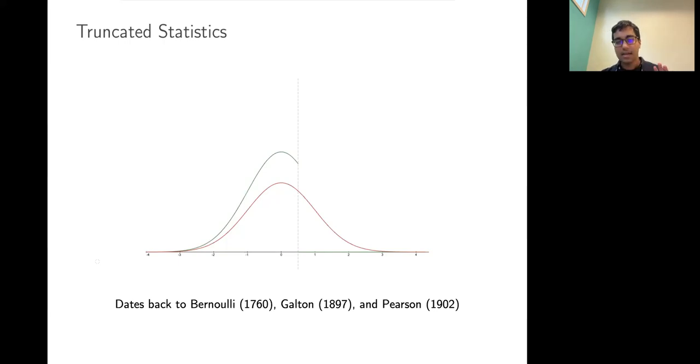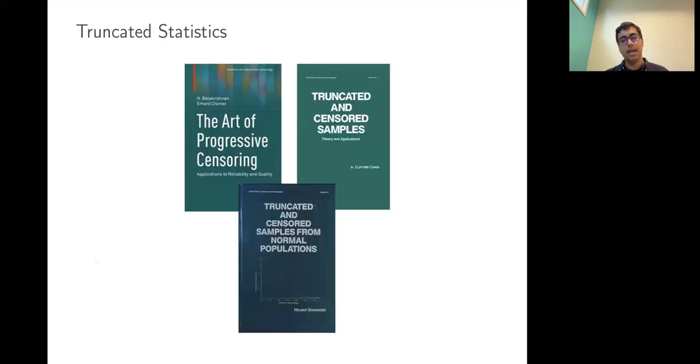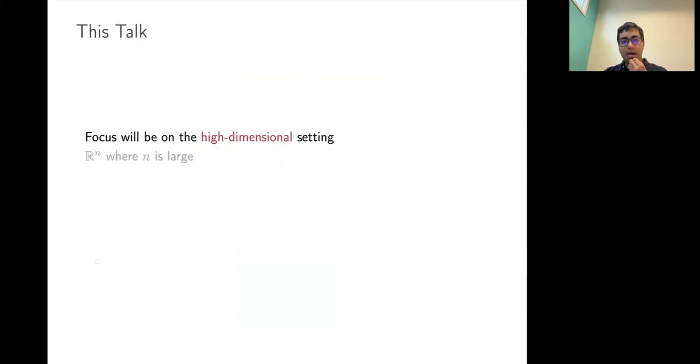And this wasn't just a field that was studied back in the 1700s, 1800s, and 1900s. It's still a very active area, and there are book-length monographs being written about this field even in the past 5 years. Here are some examples. The focus of this talk, as opposed to the one-dimensional picture I gave, is going to be the high-dimensional setting.